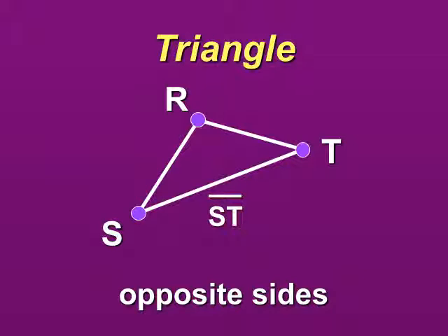The one thing I did want to talk about with the word triangle, your textbook on page 54 goes into detail about triangle being a Latin word where tri means three, and you've heard that before, and angulus means angle.